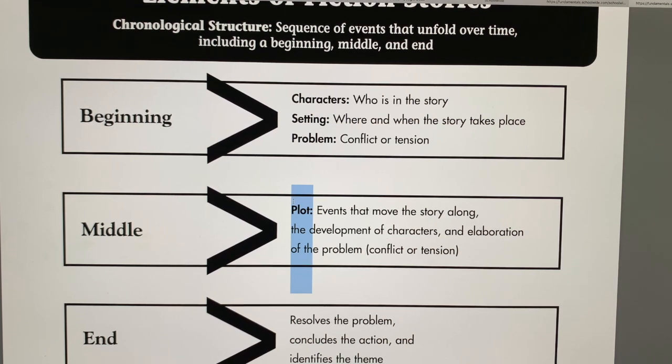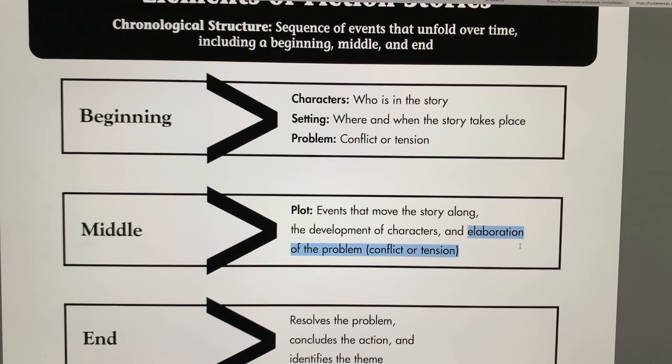The plot are the events that are happening in the story that move the story along, such as the development of the characters, like how the characters are developing over time, what things are happening to the characters that are changing the characters or having some kind of impact on them, and the elaboration of the problem.